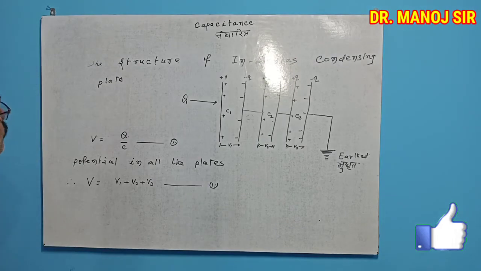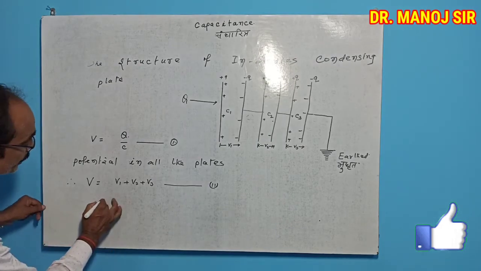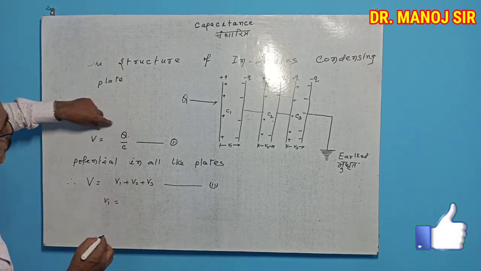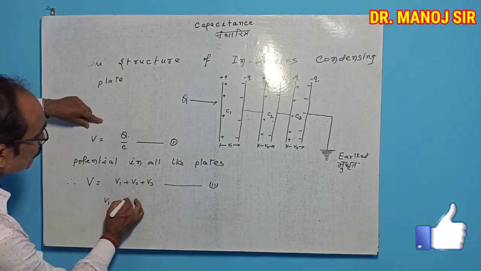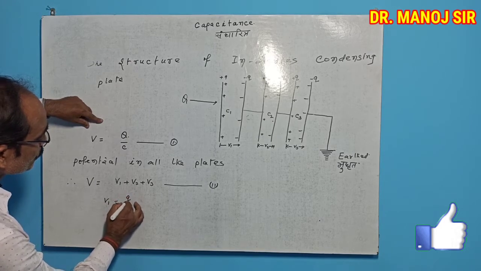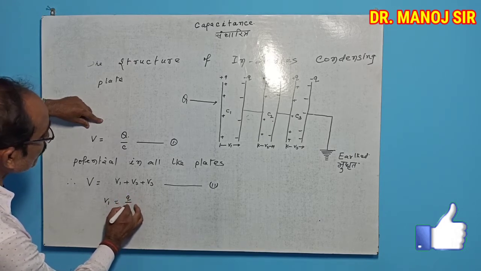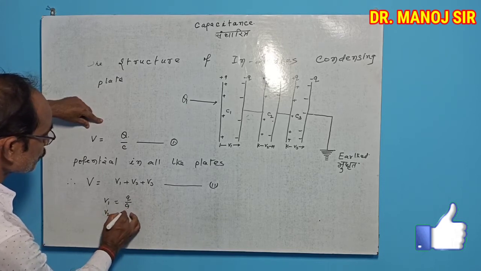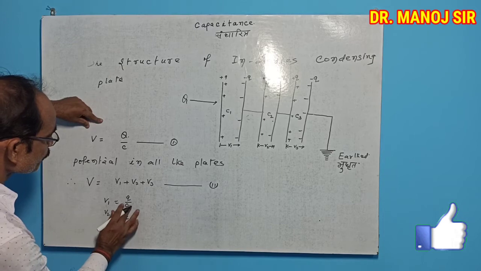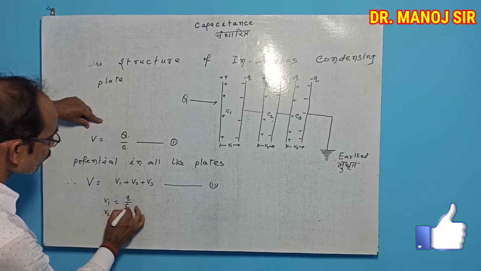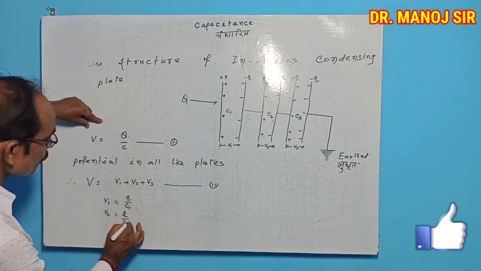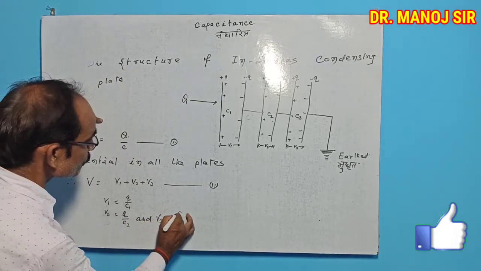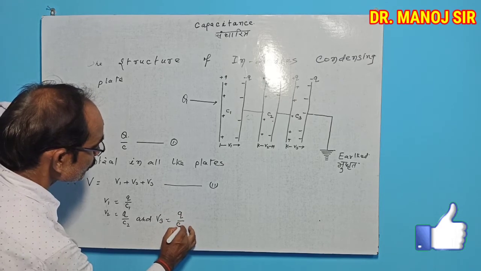Now, according to the first equation, V1 equals Q upon C1, V2 equals Q upon C2 and V3 equals Q upon C3.